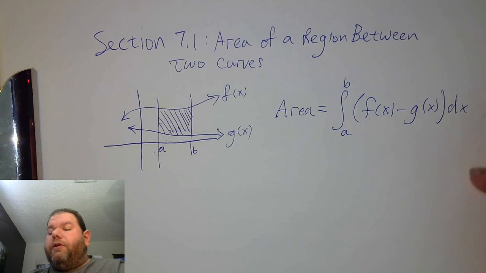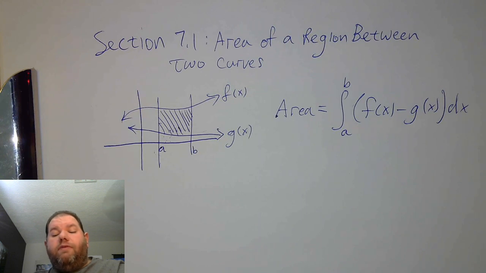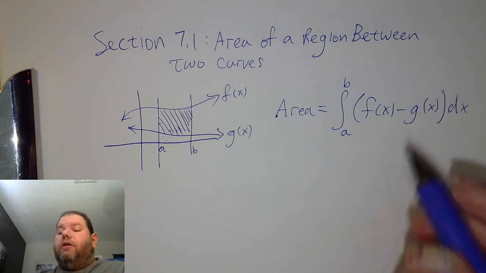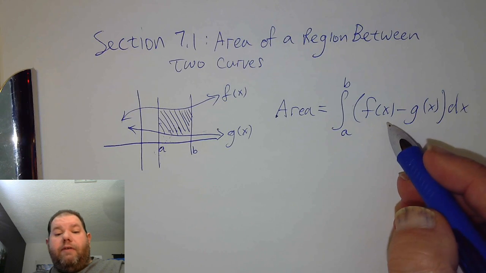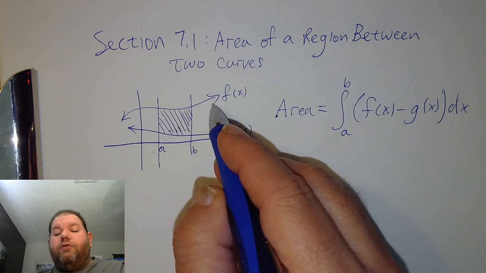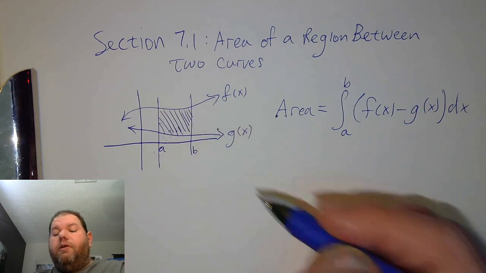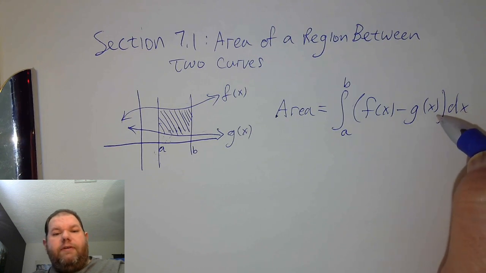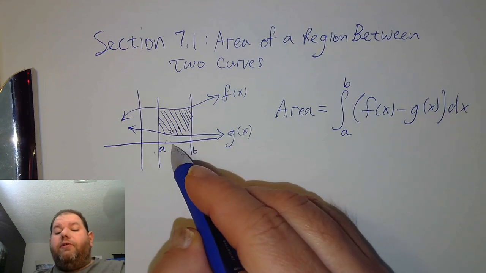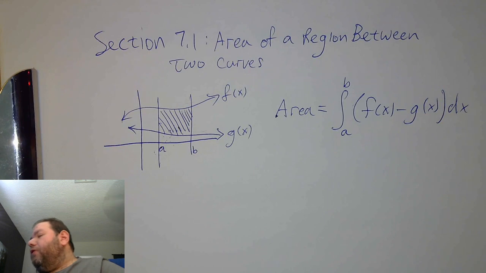Our formula here is the integral from a to b of f of x minus g of x dx. We tend to designate f of x as the top function, the furthest from the x-axis, and g of x as the bottom function, the one closest to the x-axis.